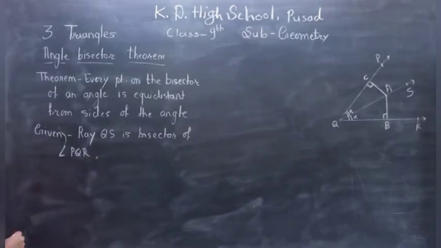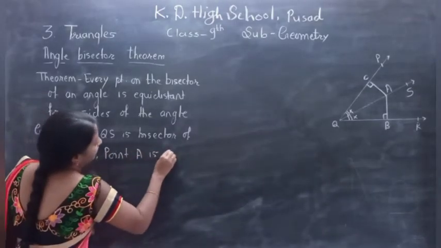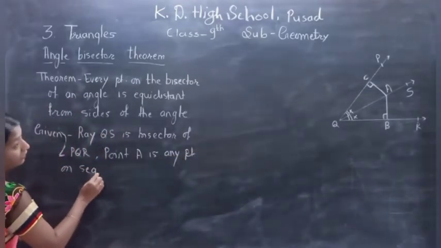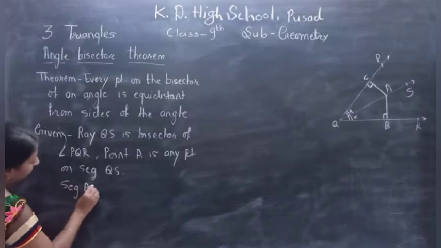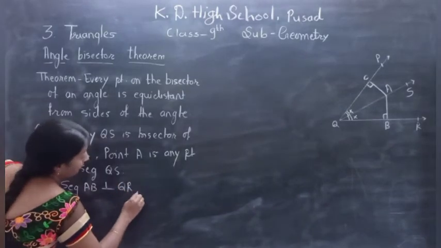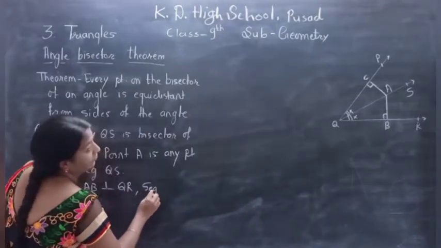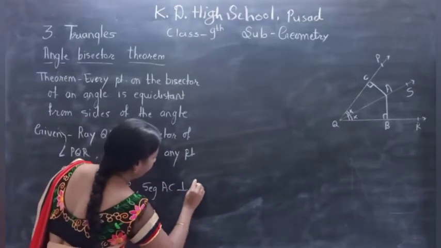Okay. So in this way we write point A is any point on ray QS. Now segment AB perpendicular to QR, and segment AC perpendicular to PQ.